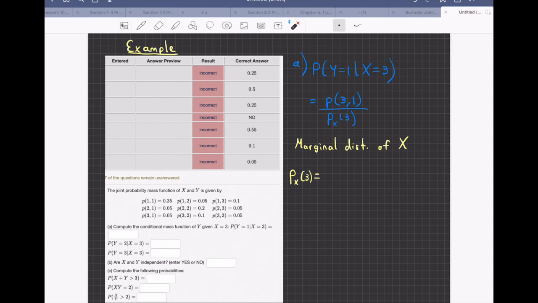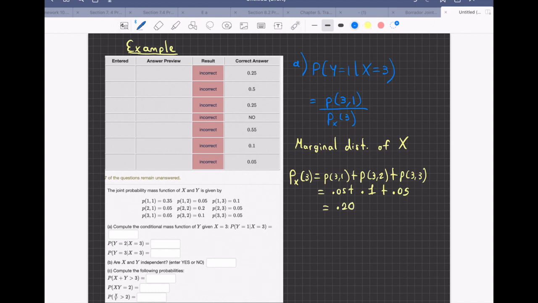So it's going to be probability of (3, 1) plus probability of (3, 2) plus probability of (3, 3). And this is equal to 0.05 plus 0.1 plus 0.05, and you will realize this is equal to 0.20.